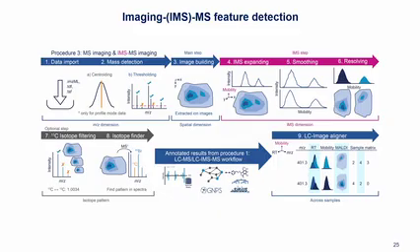Again, we have a workflow for the feature detection in imaging data. Now the feature here means something a little different because we don't have the time separation, so we are not looking for peaks, but we are looking for extracted images of specific masses.